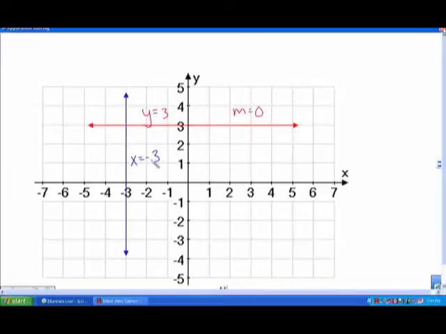Notice there is no rise or run on this line either. It's perfectly vertical. So we say the slope of this is undefined. I'm not going to go into that in detail in this case. You might want to look that up. But the slope of it is considered to be undefined for a vertical line. And those are our two special cases, a perfectly horizontal line with a slope of 0 and a perfectly vertical line with an undefined slope.